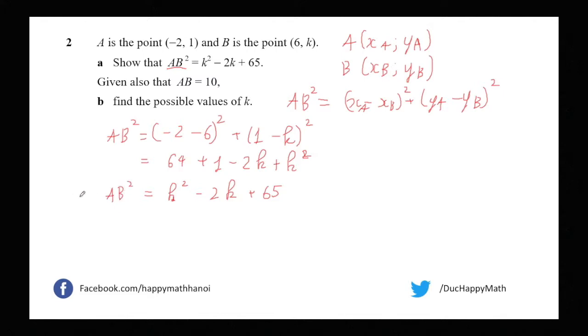We finish question A. For question B, we put this equation equal to 10. So after that you get k squared minus 2k plus 65 equal to 0. Okay, you have a new equation.